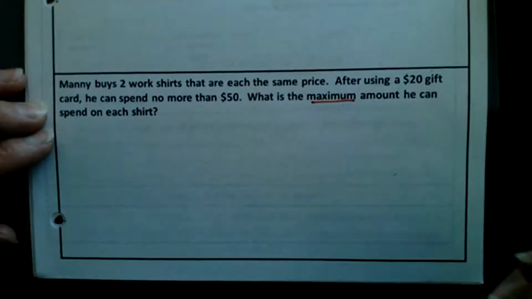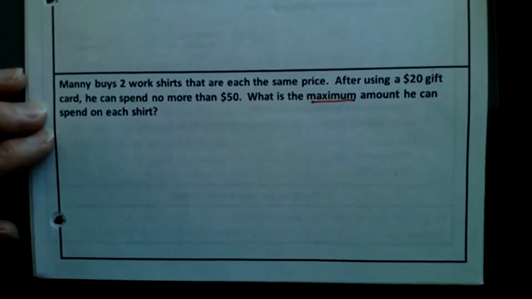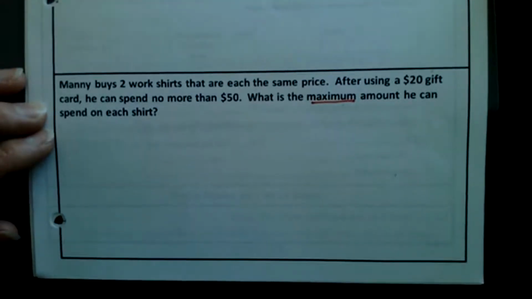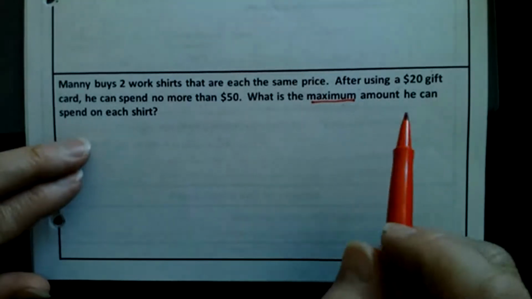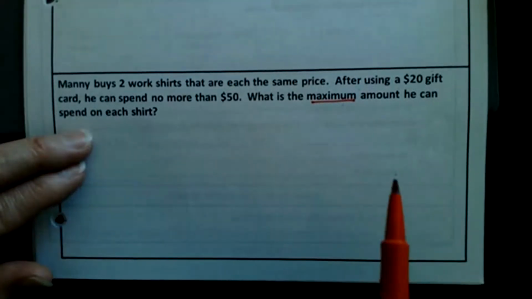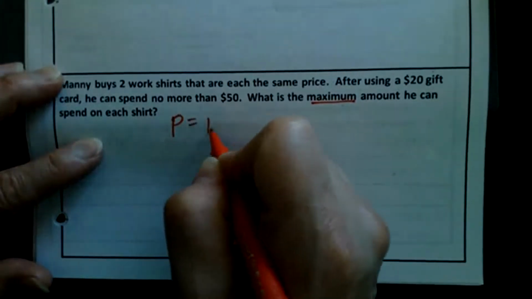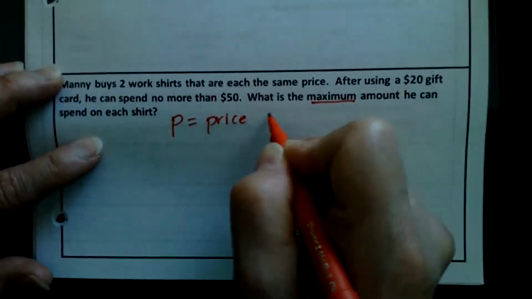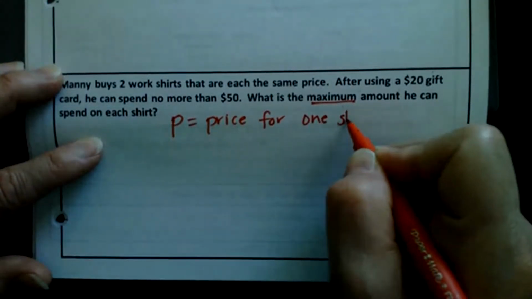Maximum amount tells me that is the most he can spend. He can't spend any more. He can spend less, that's fine, but he can't spend more, okay? So he buys 2 work shirts, and I'm looking for a price for 1 shirt or each shirt. So I'm going to make P be the price for 1 shirt.